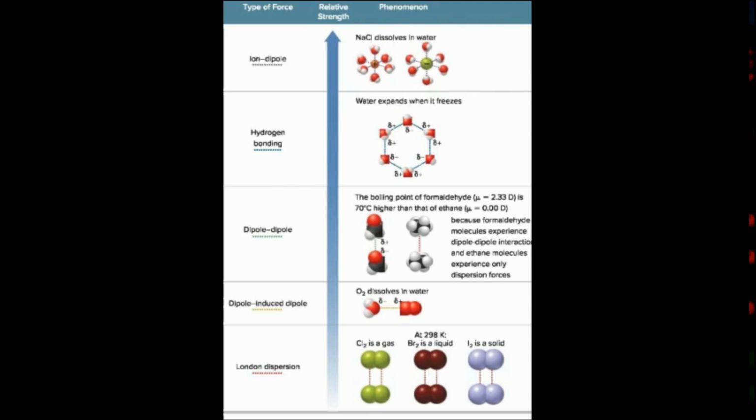We said London dispersion forces, we've got two molecules of the same kind. When they get closer to each other, then the electrons get dispersed. One becomes temporarily positive, one becomes temporarily negative. So now look at it. If you look at the halogens, chlorine, bromine, and iodine.